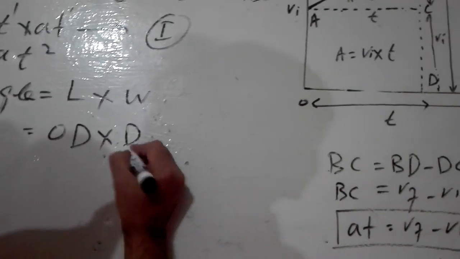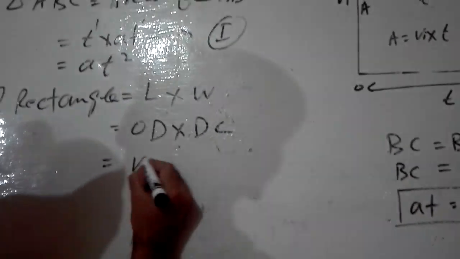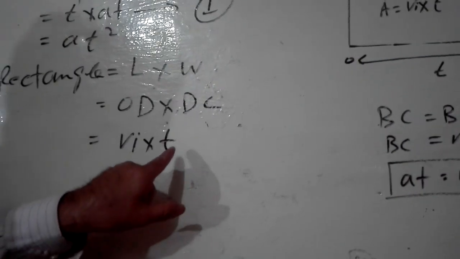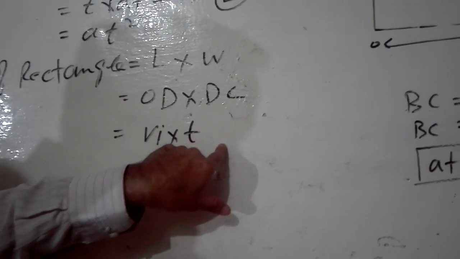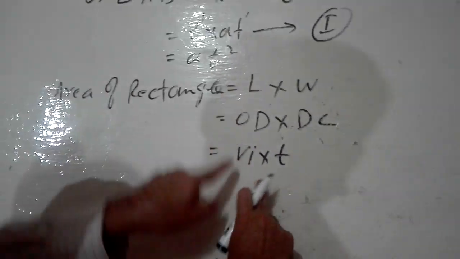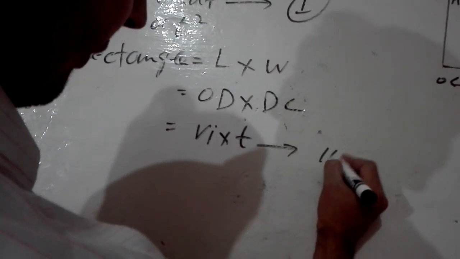DC. So clearly OD is equal to T, and DC is equal to VI. So I can write the DC value first, VI, and the value of OD is T. It doesn't matter if you write T on this side or VI on that side, they're the same thing. But because I have to prove this, VI is coming first, so that's why you write VI first.